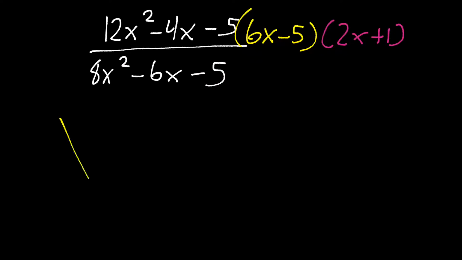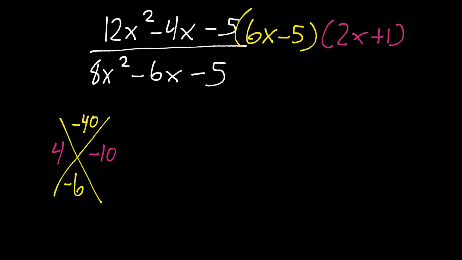Same idea, we're going to use the diamond method. The top becomes negative 40, the bottom is negative 6, and I want two numbers that multiply to negative 40 but add to negative 6. And this time we're going to have positive 4 and negative 10.